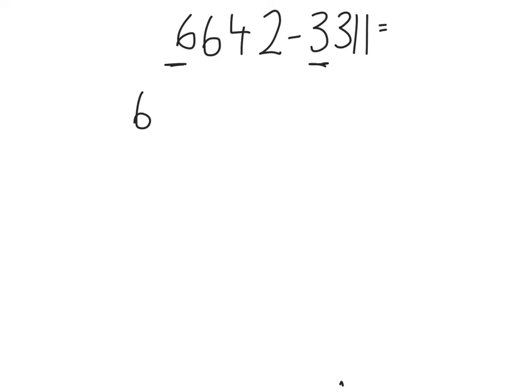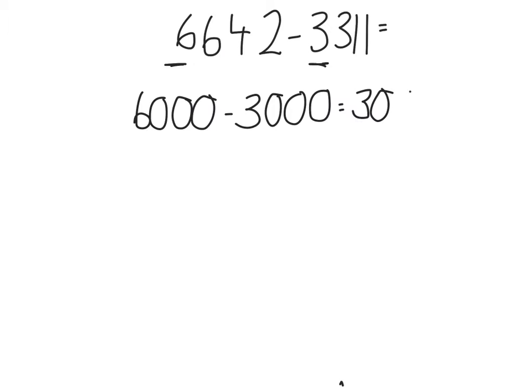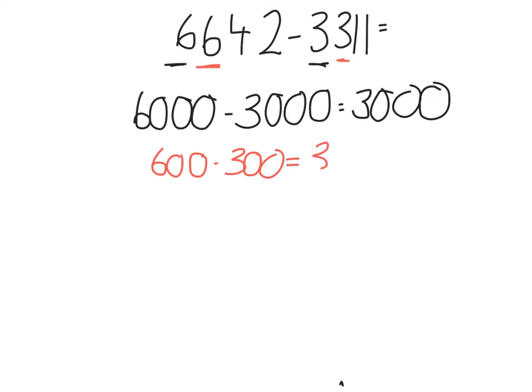So I'm going to do 6,000 take away 3,000 equals 3,000. Okay, the next thing I need to do is take away my hundreds. So I've got 600s and I've got 300s. So 600 take away 300 equals 300.